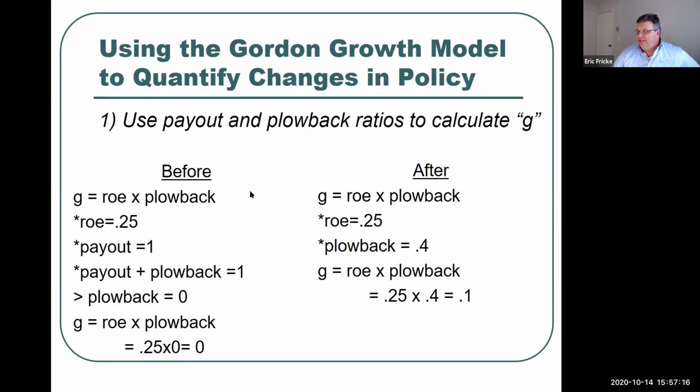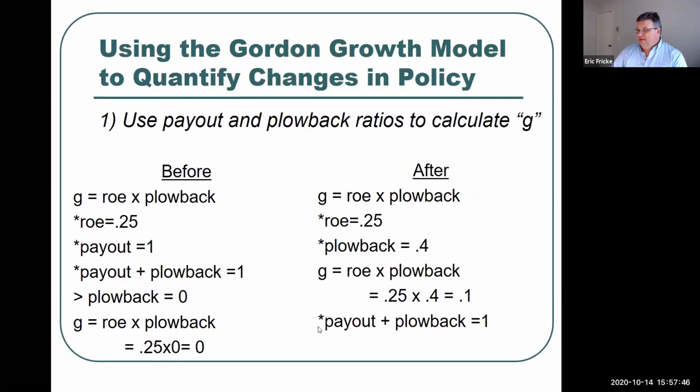Now I am going to calculate one more thing, because on the next slide, when we calculate the value of the stock, we're going to need to know the dividend. Right, and in this after situation, since we're plowing back 40% of the money into the business, that only leaves 60% of the money to be paid out as dividends.